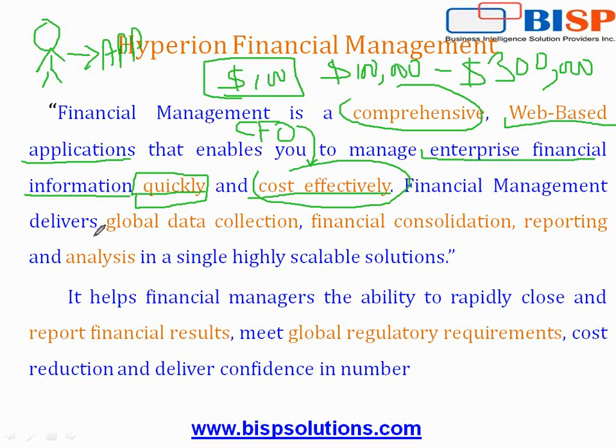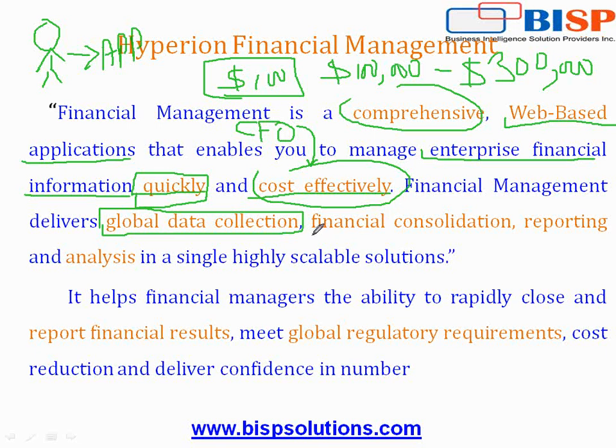The greatest flexibility of HFM, and why it's being widely adopted, is that it works along with a product called FDMEE, Financial Data Quality Management, to extract data from different parts of the system, for global data collection.